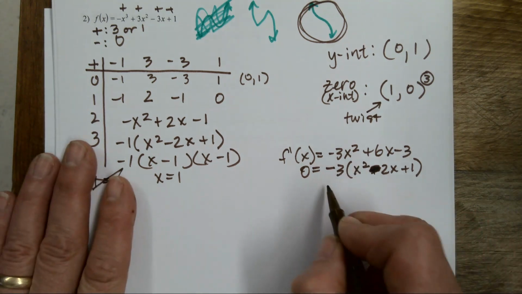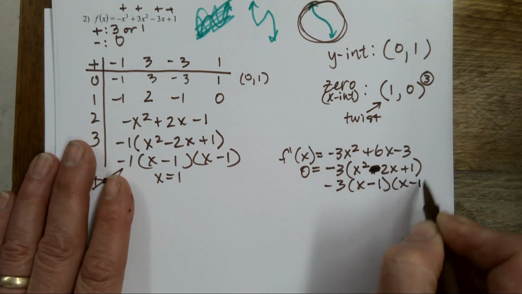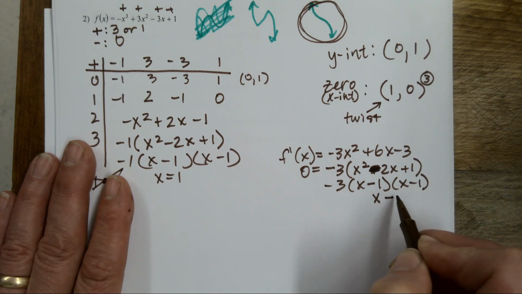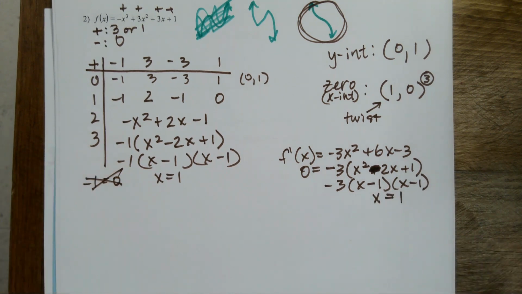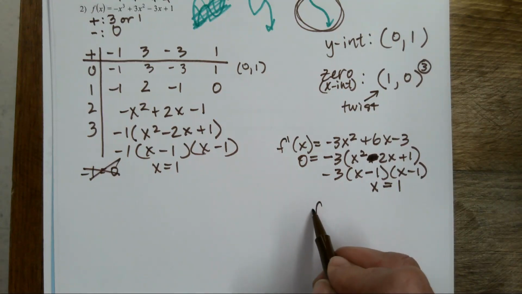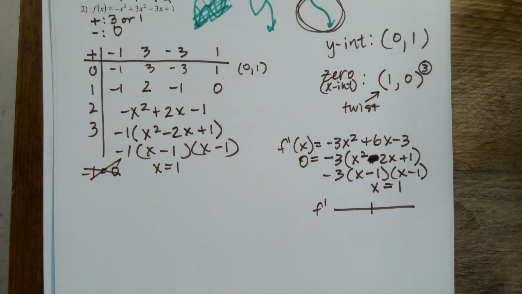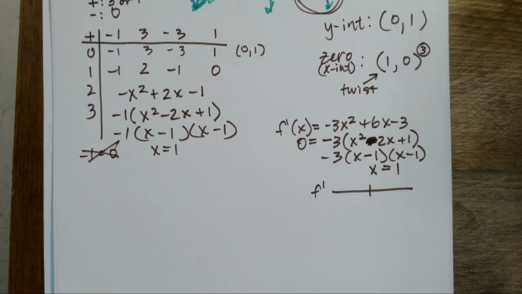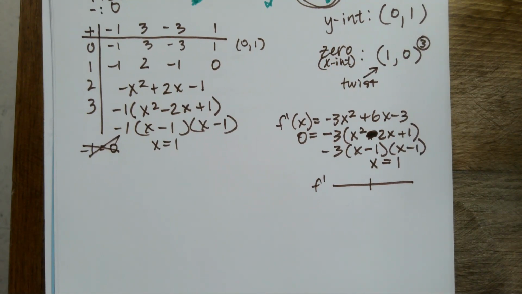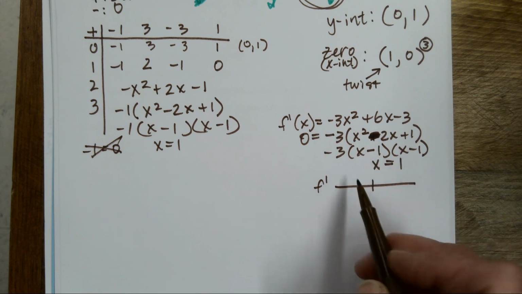And so this factors to x minus 1, x minus 1, and again, my point on my graph is just 1 on my f prime table. So f prime at 1. Again, the negative 3 is a non-issue. I'll do my test points. I'll plug in something like 0.